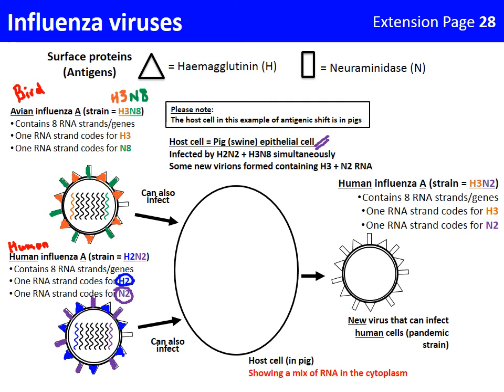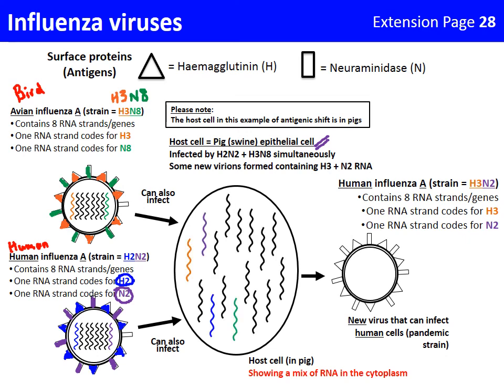So both viruses attach to the cell membrane, they get injected into the host cell, and then what we'd have is not 8 different RNAs, but we'd actually have 16 different types of RNA inside the host cell, 8 of them from the bird flu virus and 8 of them from the human flu virus.